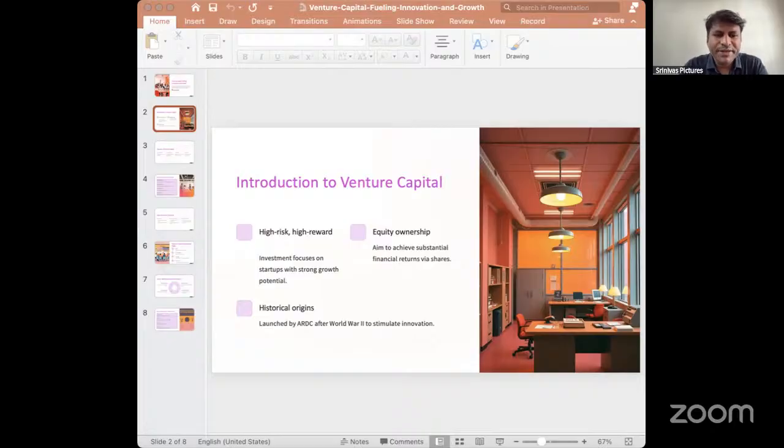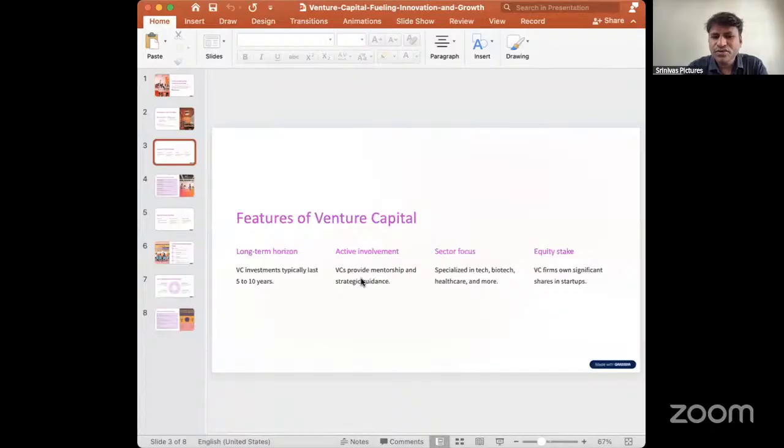Venture capital is defined as equity support to fund new concepts that involve high risk and at the same time high growth and profit potential. This definition is given by SEBI. So what are the features of venture capital?